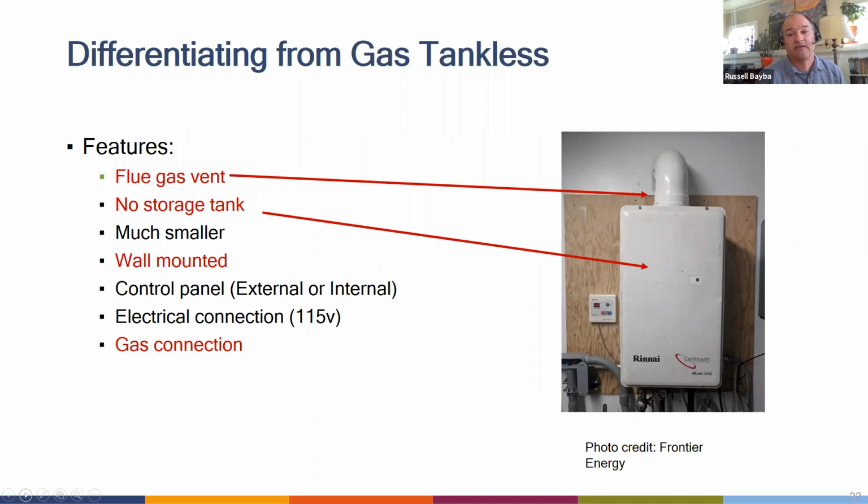There is a control panel that can be set on the inside of the unit, right next to the unit, or somewhere else. And there's a gas connection, and typically there's an electric connection too, because there's fans inside, modulating, trying to cool down the unit as well. So there's usually always an electrical connection. Okay, next slide.